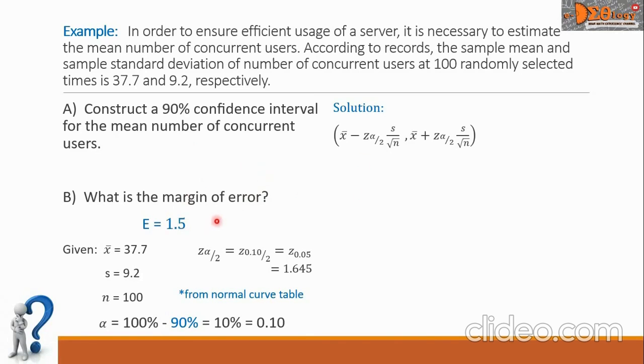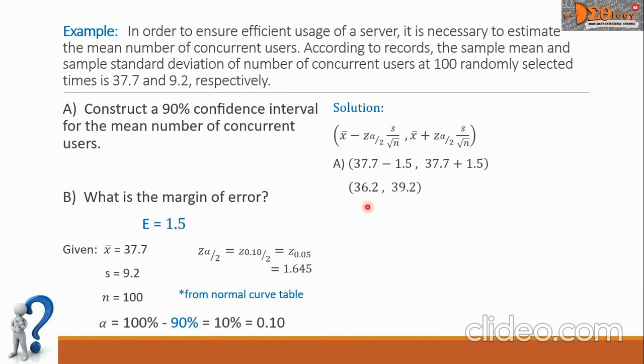Using the value of the margin of error in here, let us do the substitution. So it becomes x bar is 37.7, and the whole value here is the margin of error, so we write here 1.5. So 37.7 minus 1.5, that is the lower limit, comma, and the upper limit is x bar, now becomes 37.7 plus 1.5.